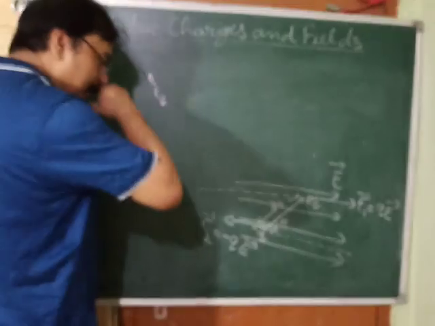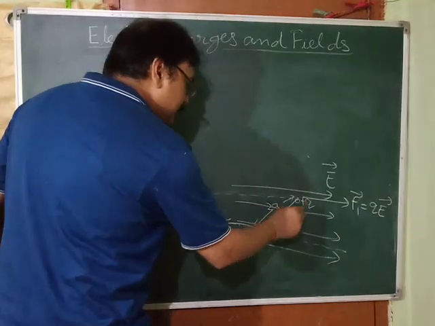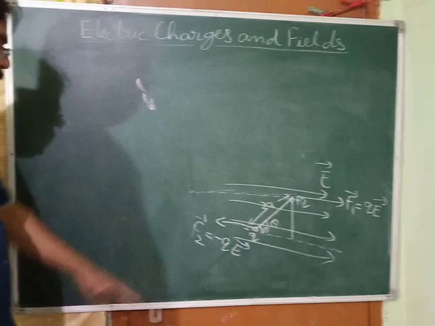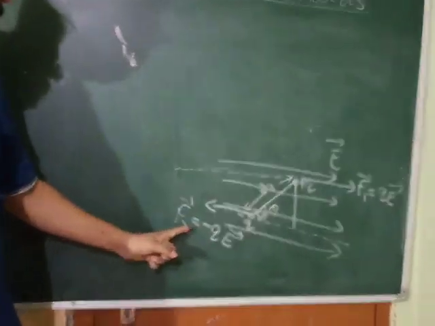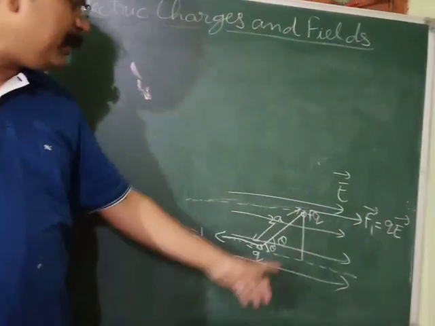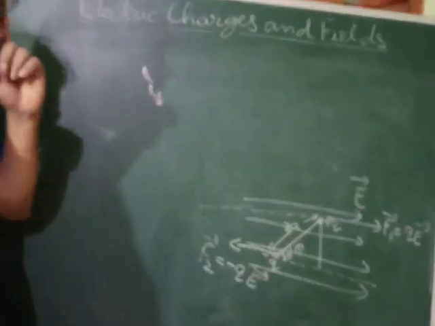Now what is the perpendicular distance between these two forces? This is the line of action of F2, this is the line of action of F1, and between these two lines, this is the perpendicular distance. So we have to find out this.